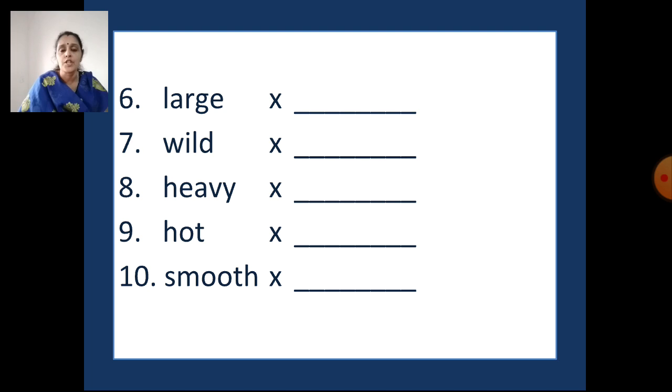Ninth is H-O-T, hot. And tenth is S-M-O-O-T-H, smooth. Yes, copy down these words. Now write the opposites for these words and then I'll show you the answers.